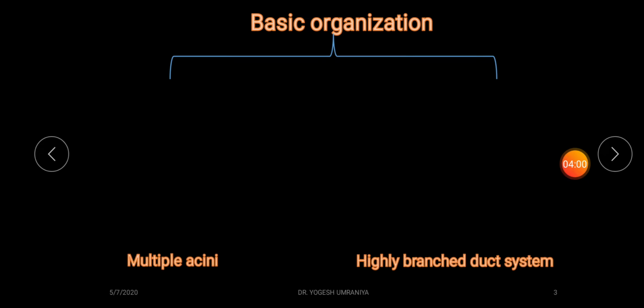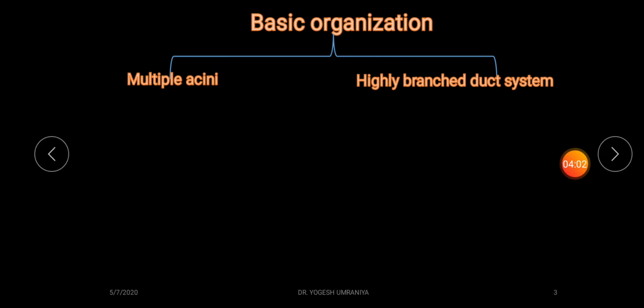So ultimately you have two components in the organization, the multiple acini as well as the highly branched duct system. Now within the acini there are three types. First one is the serous acini, and under the HNE preparation the serous acini is stained in a dark manner as compared to the mucus one.